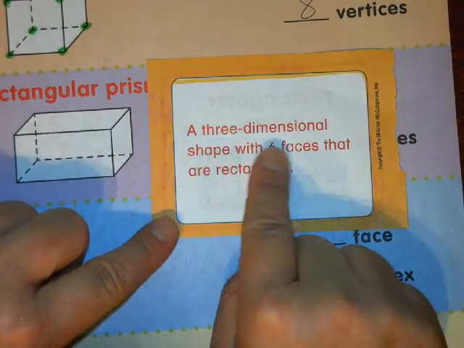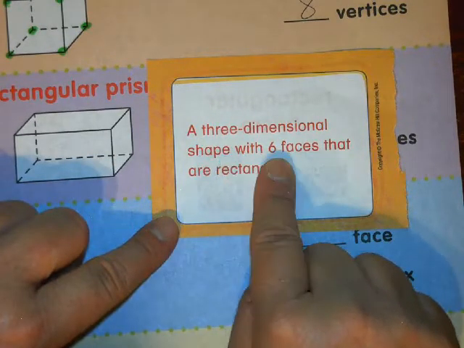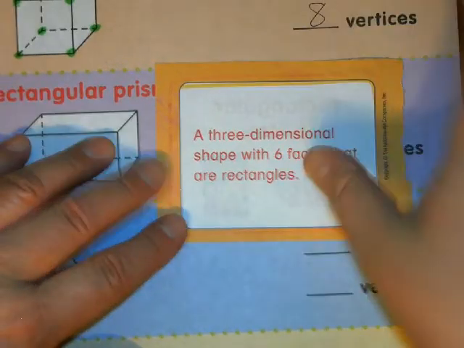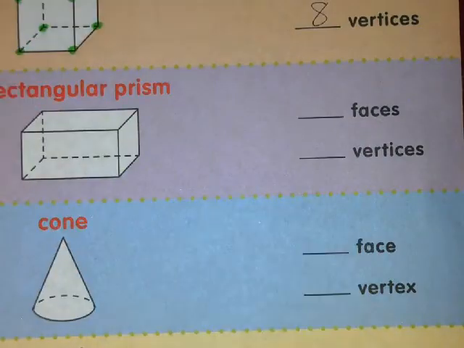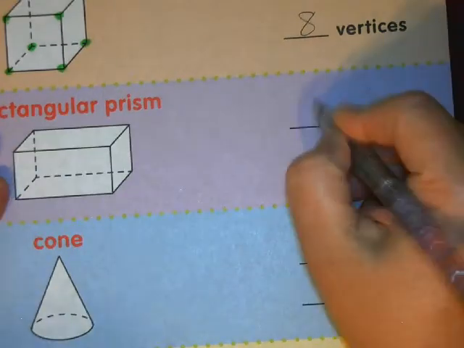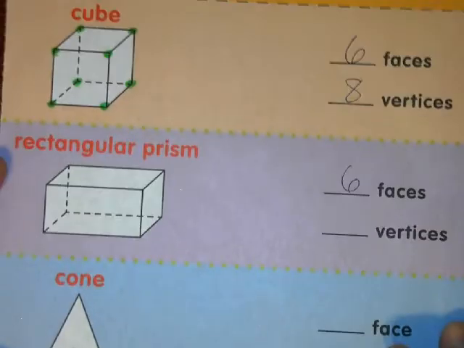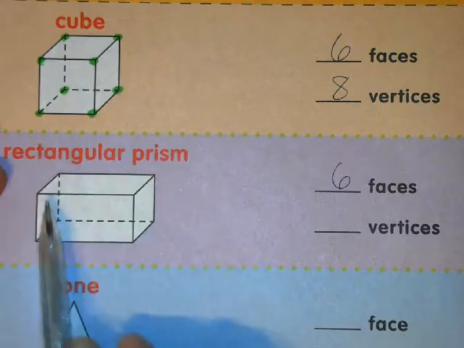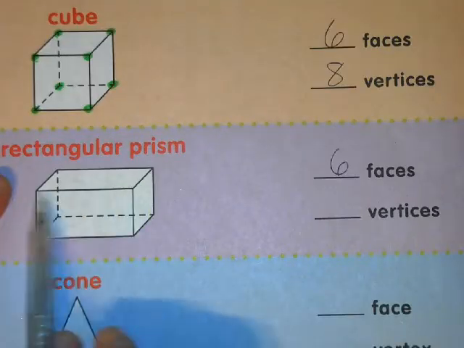A three-dimensional shape with 6 faces that are rectangles. So it also has 6 faces. But a cube has square faces and a rectangular prism has rectangular faces.